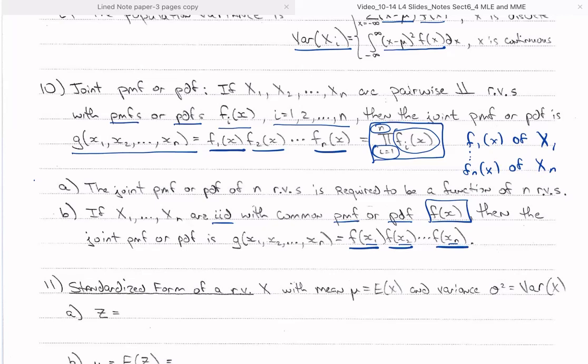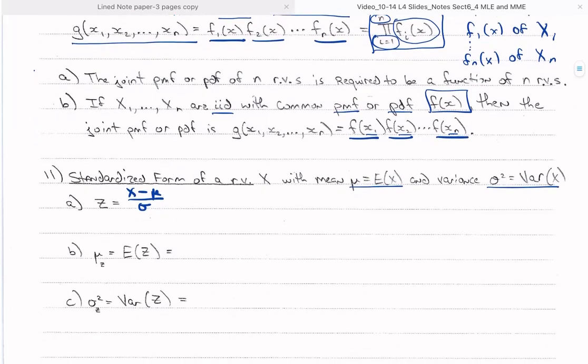All right. Now let's talk about the standardized form of a random variable x. So the standardized form of a random variable x with mean mu equals e of x and variance sigma squared equals variance of x is given by z equals capital X minus mu over sigma. Okay, so that's the standardized form. Now, the mean of this is mu of z is equal to e of z, which is equal to e of x minus mu over sigma.